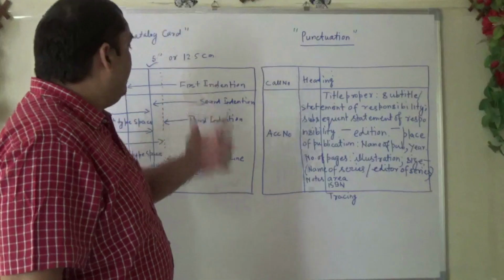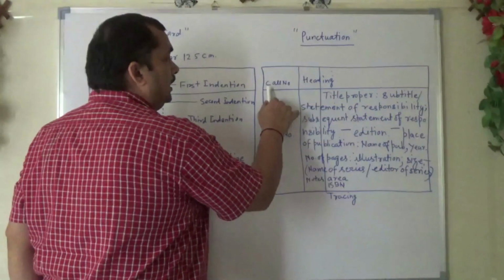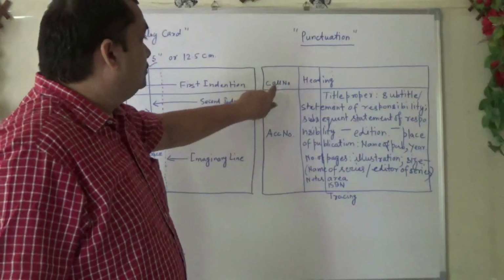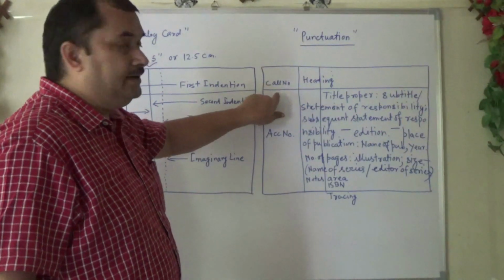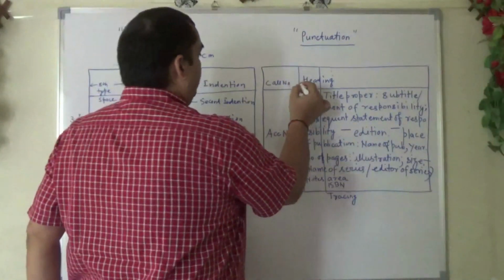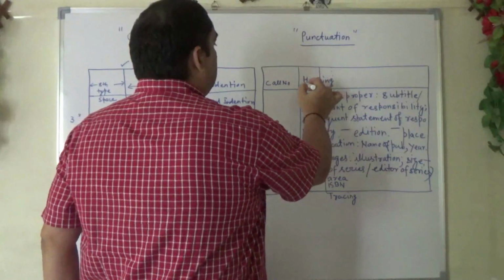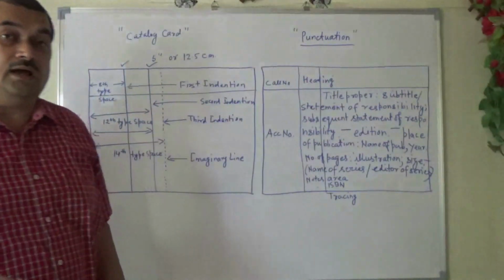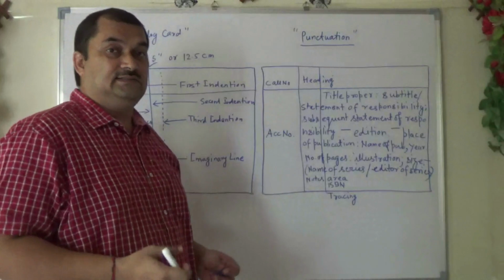In the card, on the top left side, we used to write the class number, and below the line we used to write the book number. And after the 8th typing space, from here we used to give the access point.